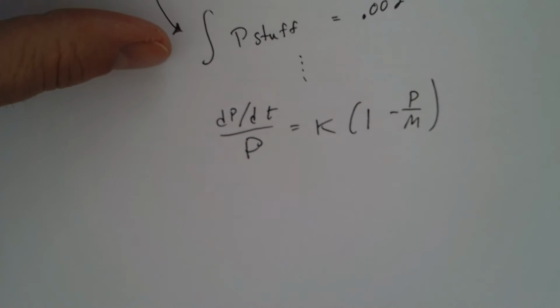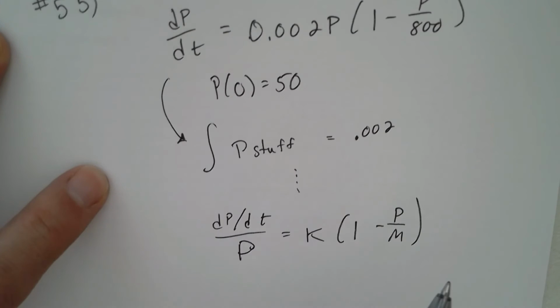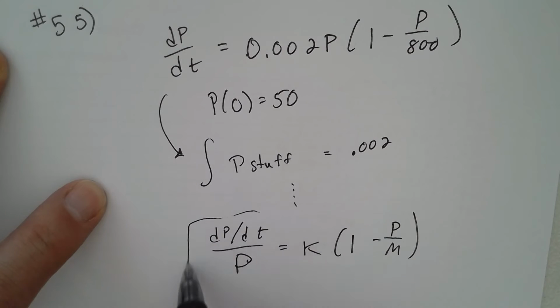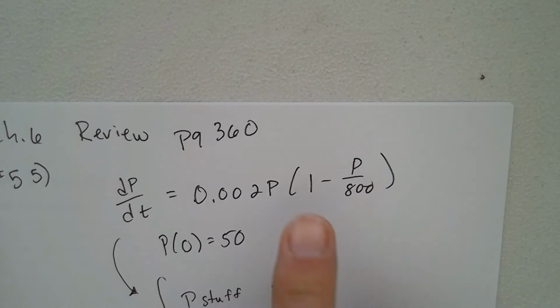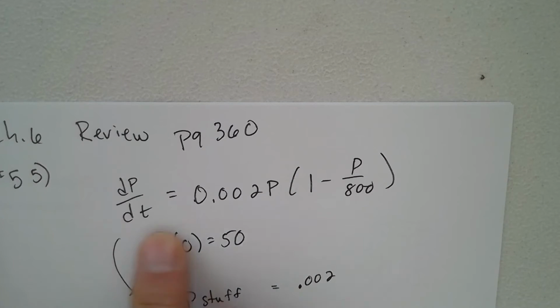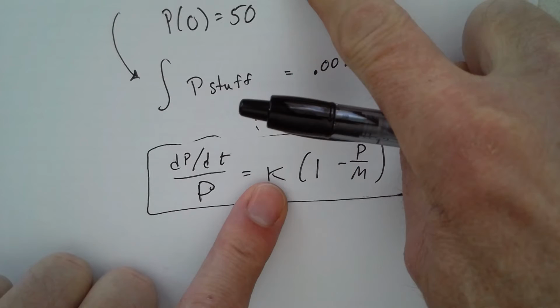Notice this is the book's version, and they divided by p. On ours we can divide by p, so that just moves the p underneath, and then we would be left with our k.